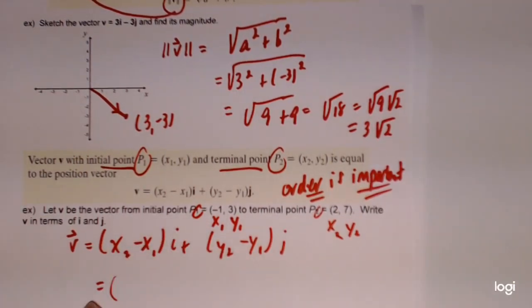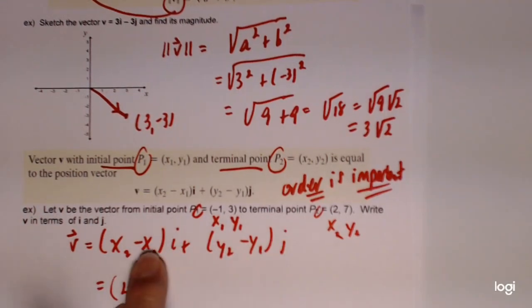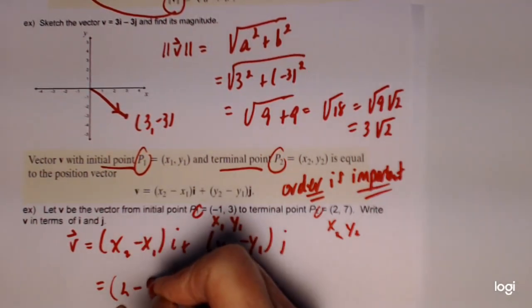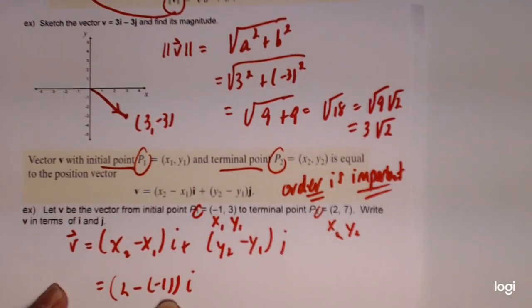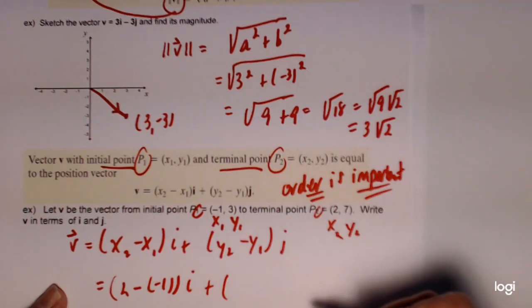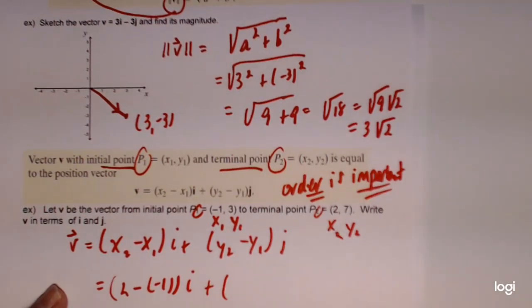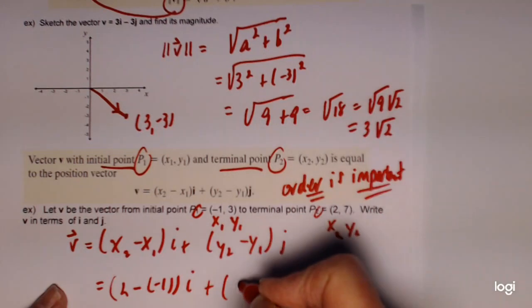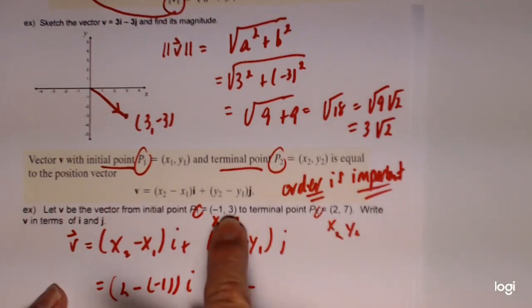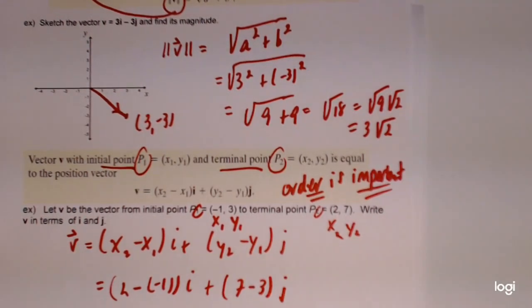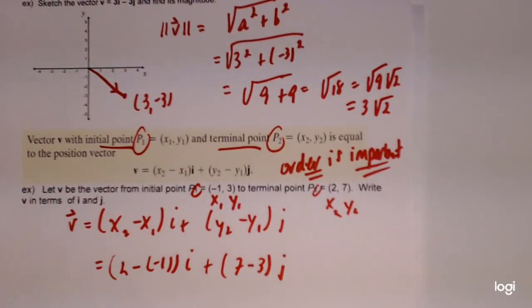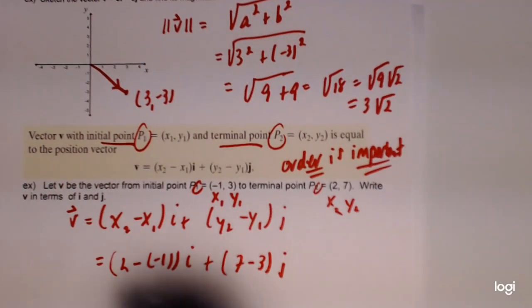So our x2 is going to be 2 minus, from this formula, and now our x1 is -1. So we end up with this negative here. And then for our J information, we have y2, so we have 7. And now y1 is 3, so we have 7 minus 3, J. So for I, we subtract our x information, and for J, we subtract our y information.